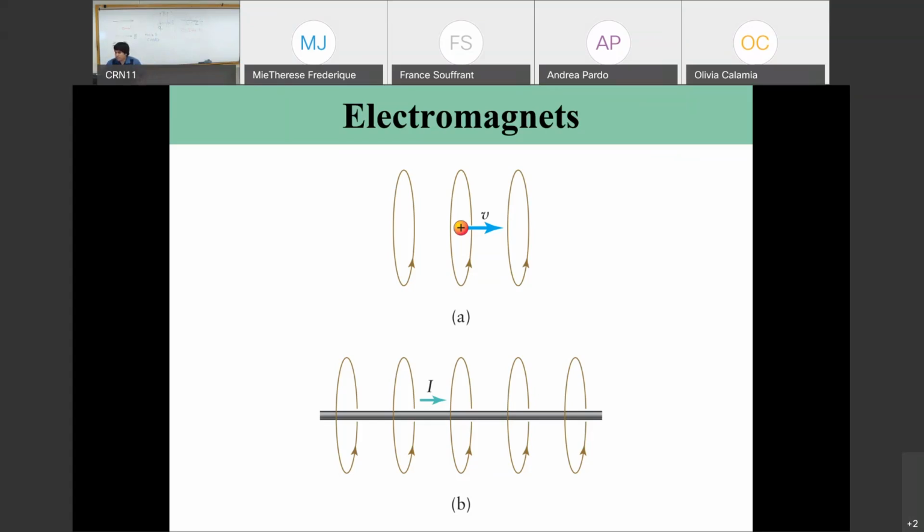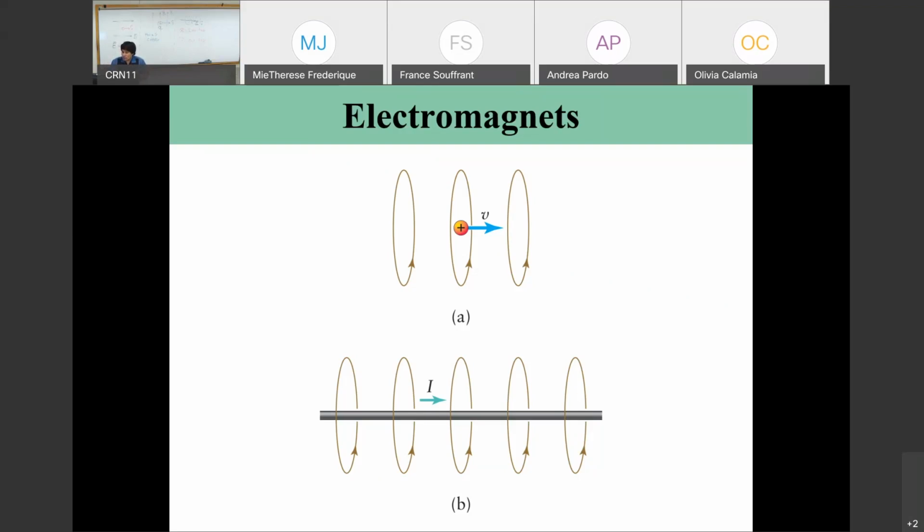Okay? There are different types of coils. It can be the circular coil, it can be a solenoid, or it can be a toroid. Now, the one that we use more in physics is the solenoid. The solenoid is a pipe, a conducting pipe where you wrap around conducting cable, maybe copper.